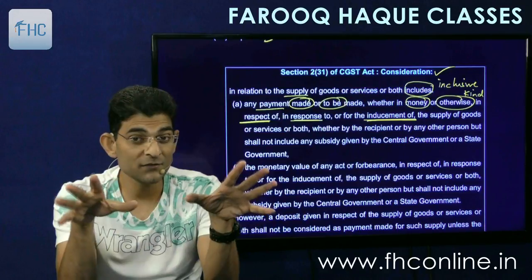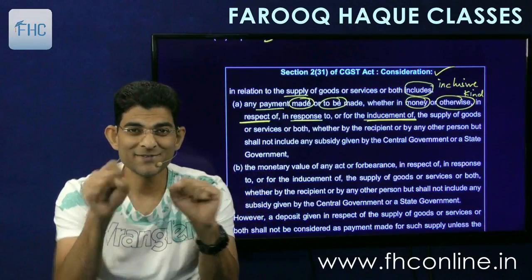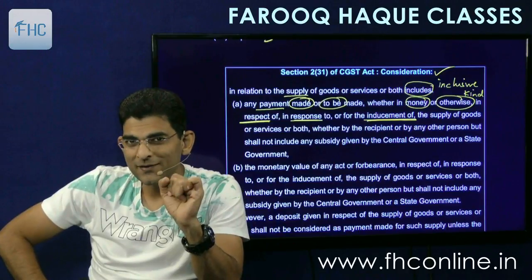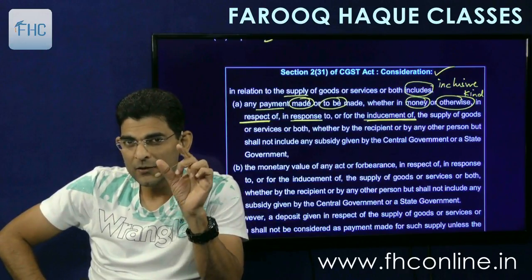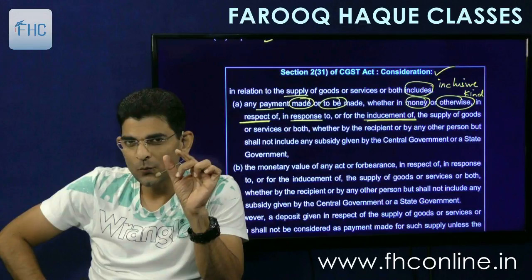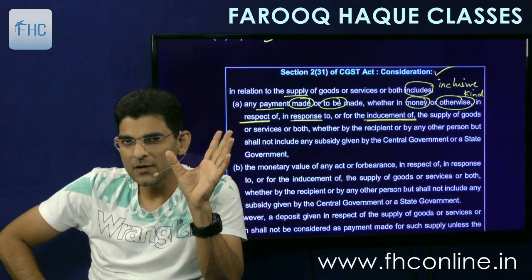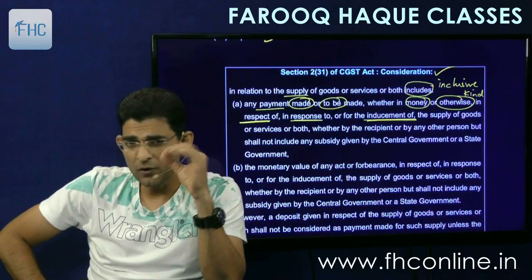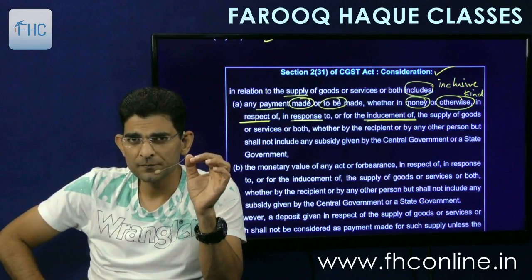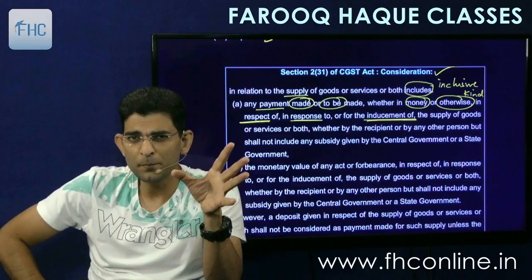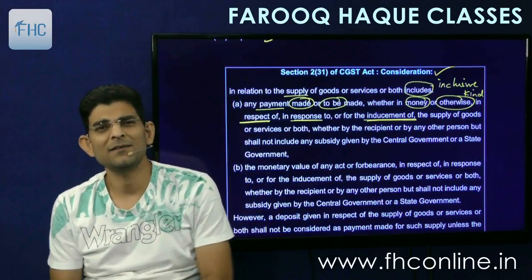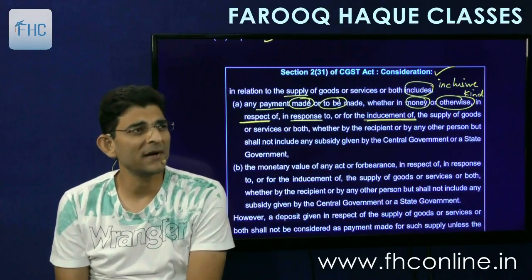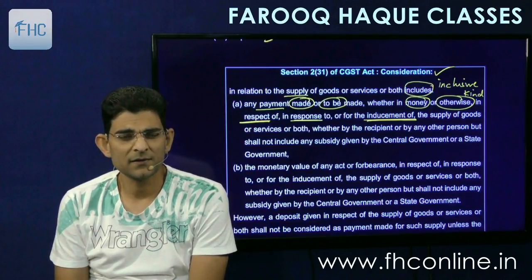The third word is for the inducement of. This is an interesting one. Now take an example: you are a jeweler and you have one diamond with you, an extremely costly and very beautiful one. You have put a price of $7 million, but nobody is willing to pay that much, and that diamond is in stock for years together. Nobody is buying, but I want to buy it.